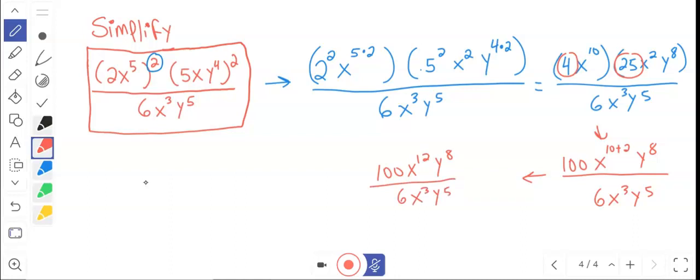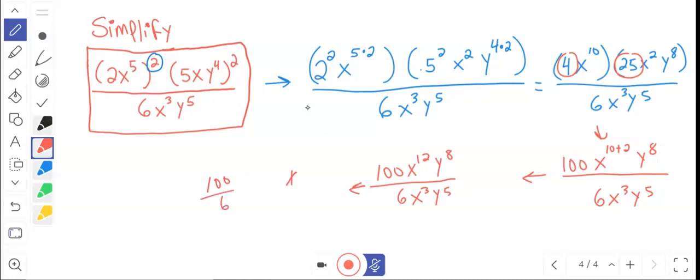Now the denominator, we're going to put it to work. For now, I'm going to leave the whole numbers alone and work on the exponents. I'm going to put the 100 over 6 separately; we're going to deal with that later.